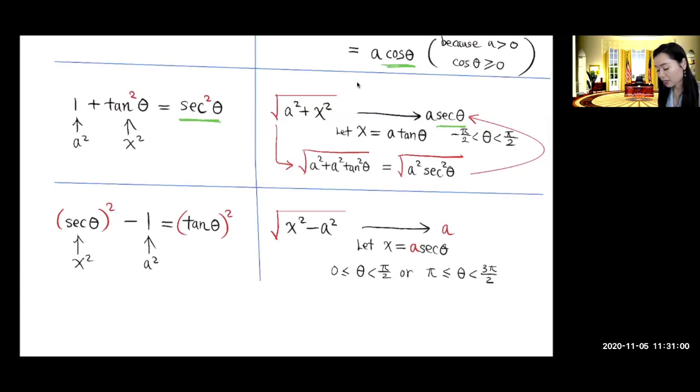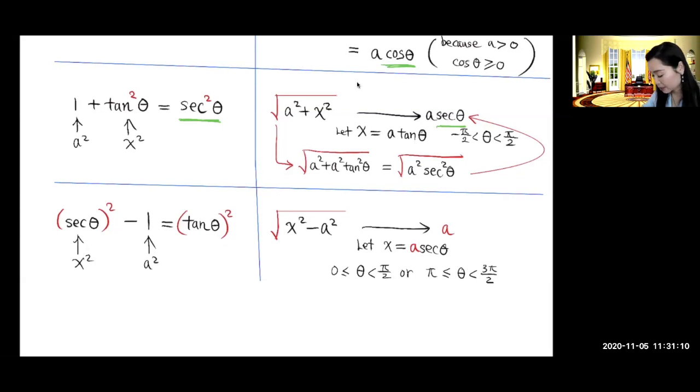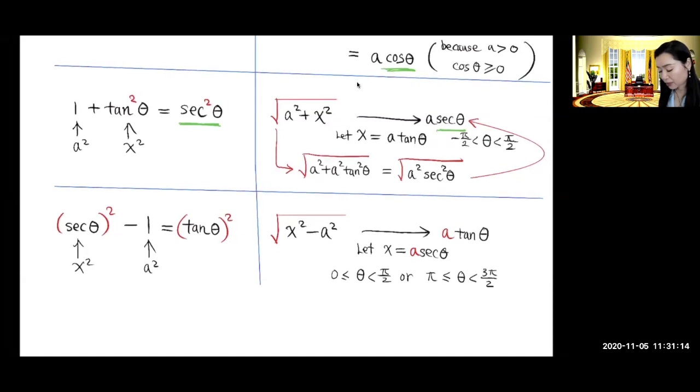Okay, you guys can try it on paper, then you can do it the long way, okay? A times tangent. Yes, you got it, okay? So it's a times tangent theta. So think about the trig identity this way, okay?